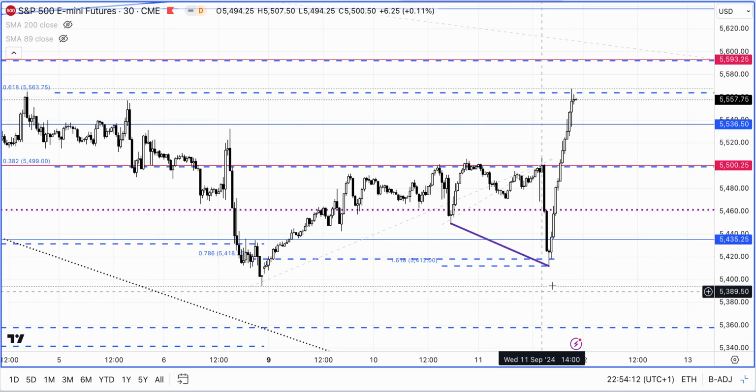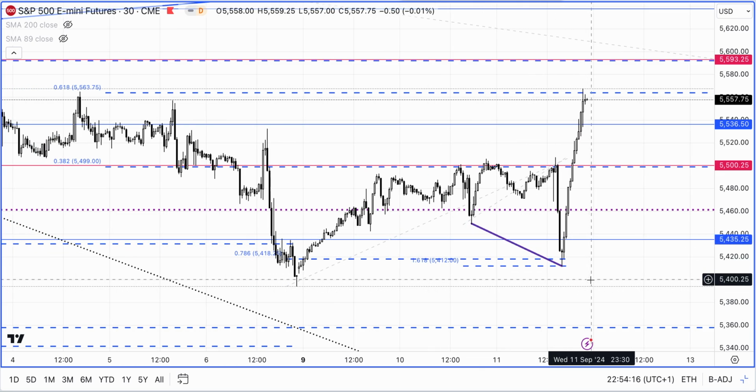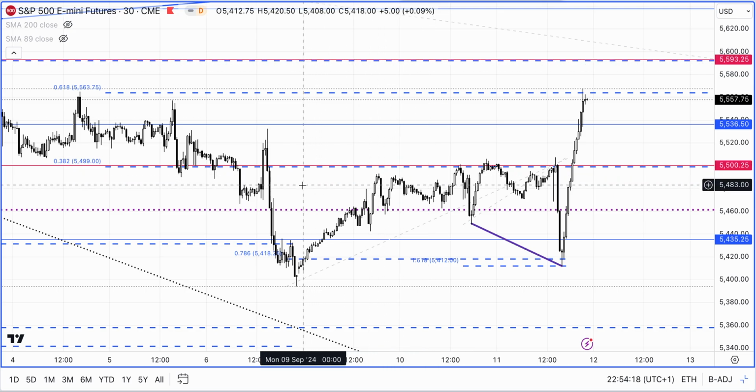So we have a confluence of two things coming together, but there was also one more thing happening around that. Let me just go back to Sunday night when the market had opened, around here, and that is around 54.10.